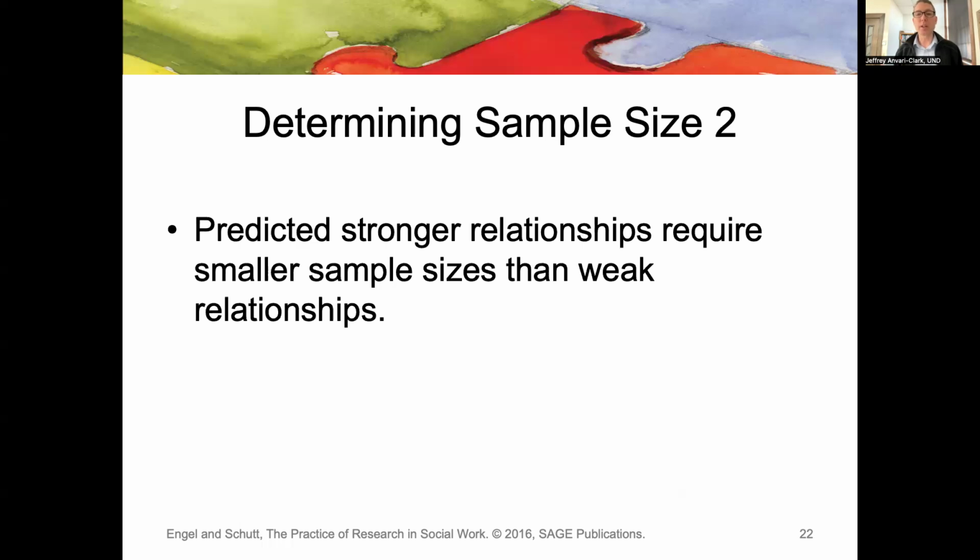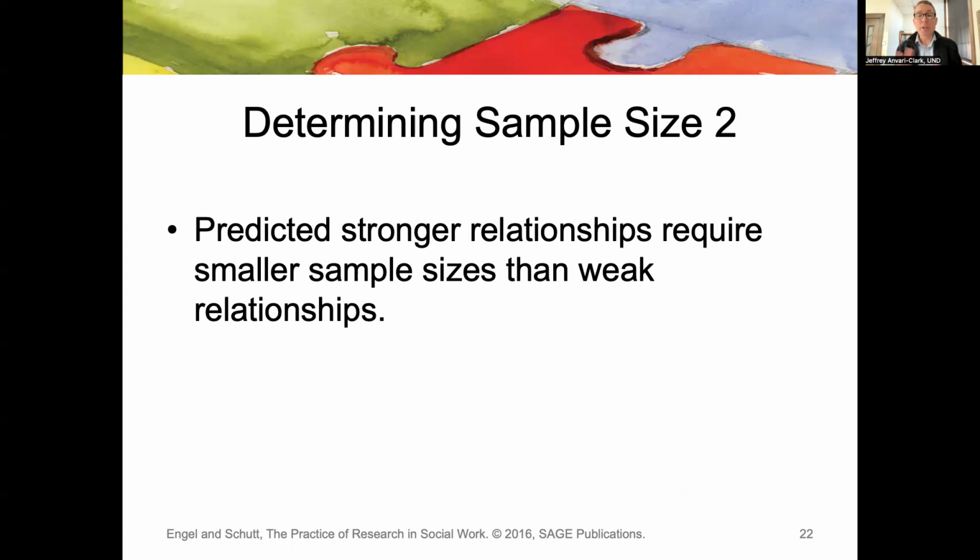So, for instance, we know that there's a relationship between a person experiencing abuse as a child and later on having mental health issues. But perhaps there's a weaker relationship between childhood experience of abuse and, say, lower job satisfaction.